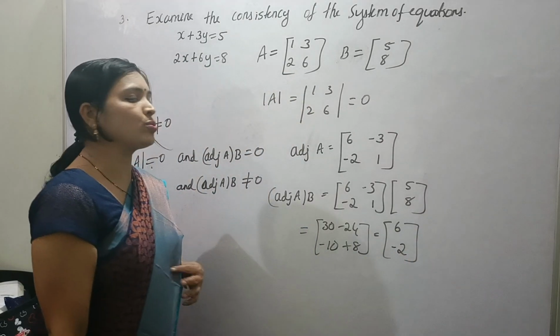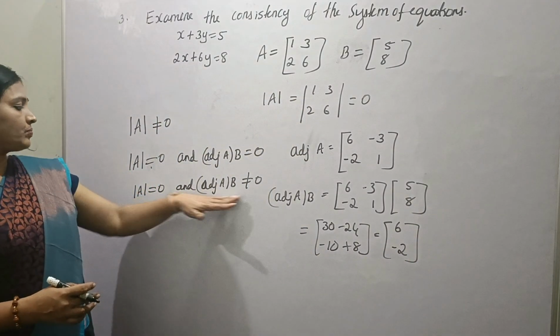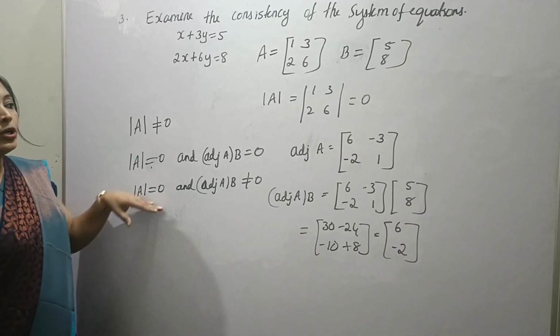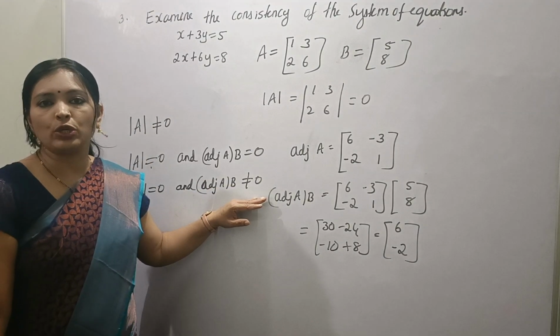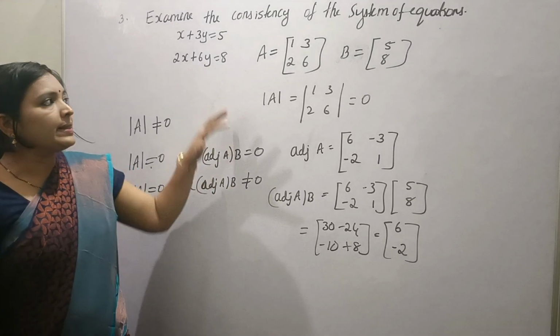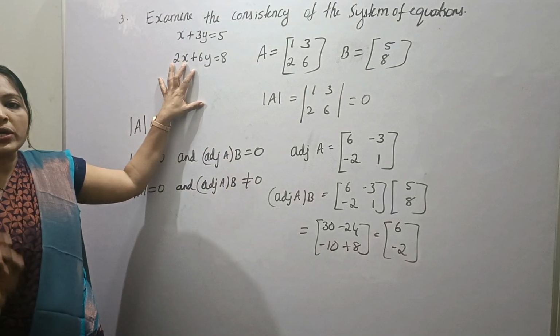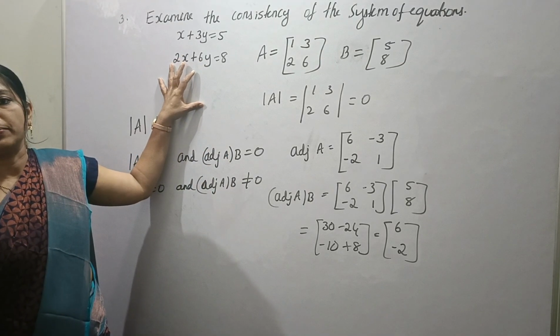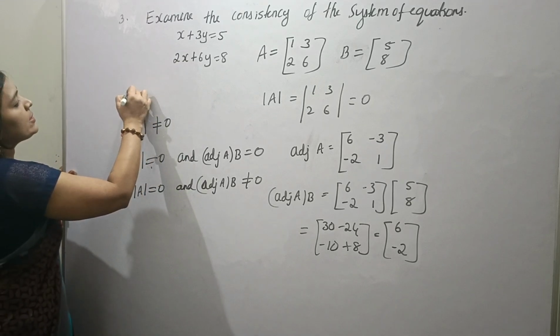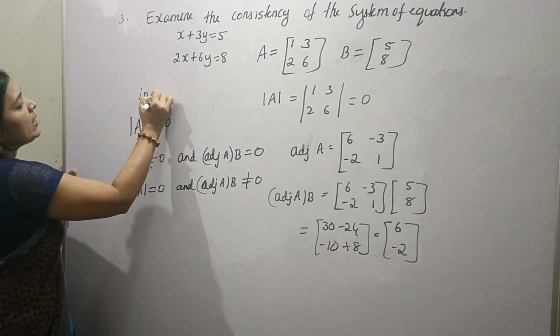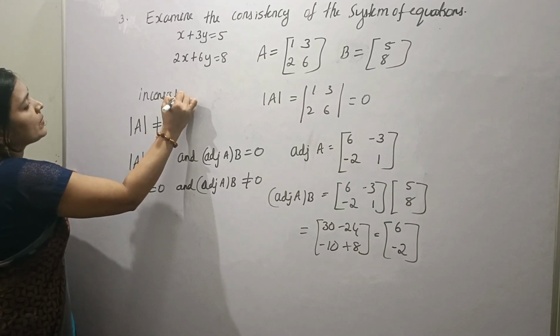Okay, it is not equal to 0. So here determinant A is equal to 0 and adj A into B not equal to 0. Therefore, this system of linear equations has no solution and it is inconsistent. Okay, so this system of equations is inconsistent.